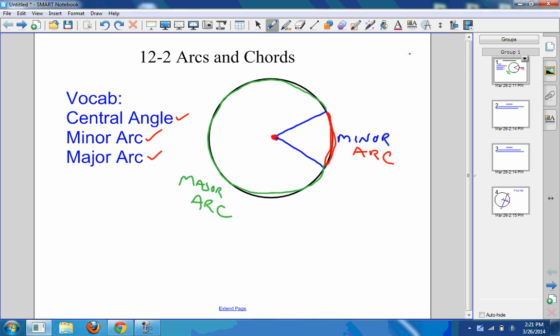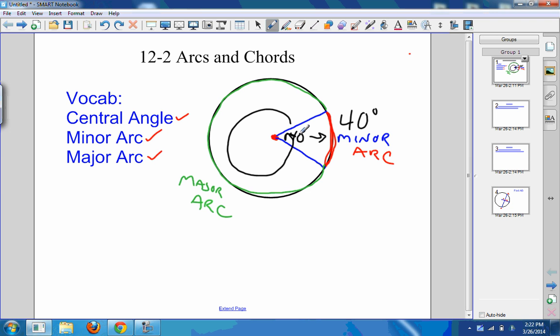So let me make up a number here for my angle. Let's say this angle looks to be about 40 degrees. If my central angle is 40 degrees, the arc that it makes is going to be the same, 40 degrees. Now, my major arc, some of you may already know this, there are 360 degrees all the way around.